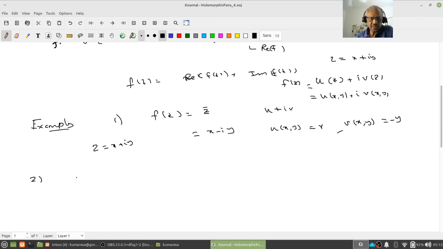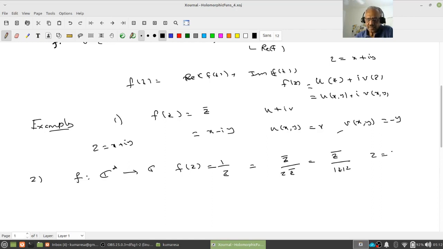Now let's look at another thing. f from C star to C, f of z is 1 by z. This we had already done earlier. I can rewrite this as z bar by z times z bar. Remember, z is non-zero, therefore z bar is non-zero. This is z bar by mod z squared.